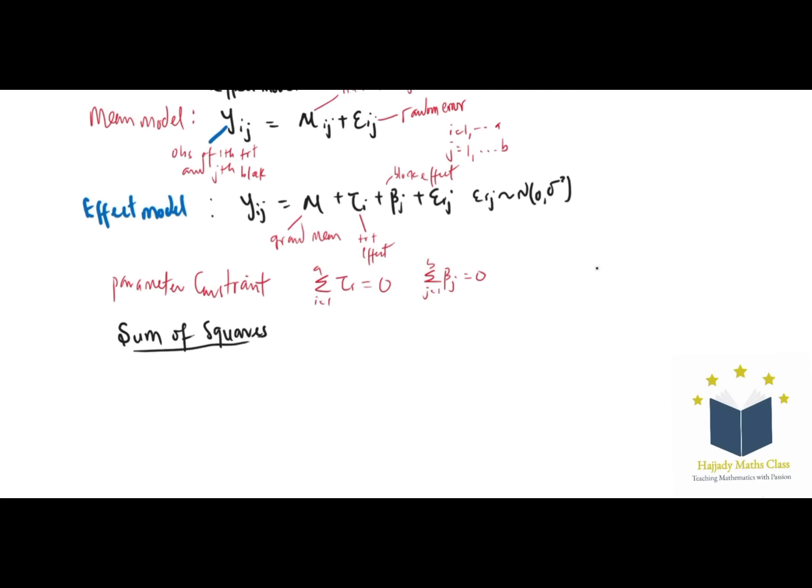We know that our sum of square total, known as the SS total, is the same thing as the double sum, with i from 1 to a and j from 1 to b, of Yij, the observation across i treatment and j block, minus Y bar dot dot, the grand mean, squared.